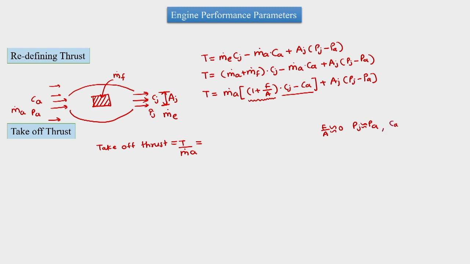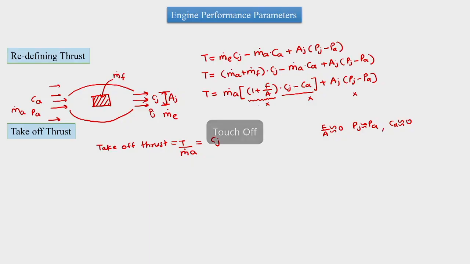Further, since the aircraft is at static condition, Ca is equal to 0. Considering these three, this term will go, this term will go, and this term will go. Further, this gets divided by m dot A, and this leads to the formula as Cj. So Cj is the jet velocity, which is giving us the thrust per unit mass flow rate in the static condition of the aircraft.